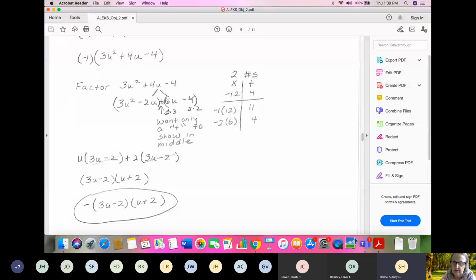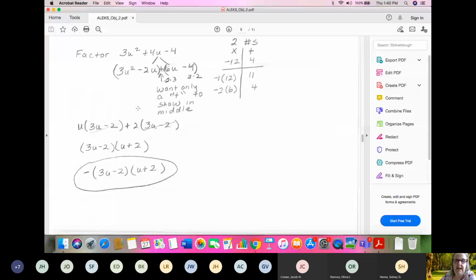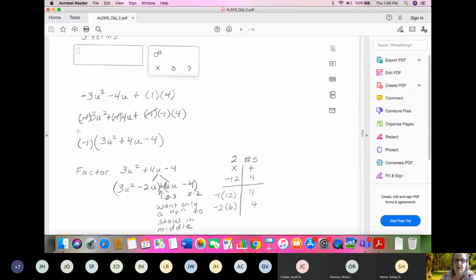Where did you get the negative in the answer? So you went from 3U minus 2, like those two problems in parentheses. The negative had to do with the part up here where we factored out a -1. So we got this, and we had to remember to use this negative.